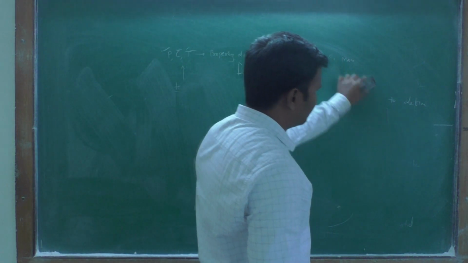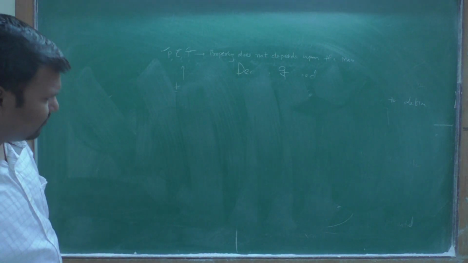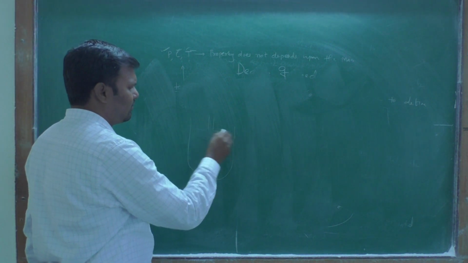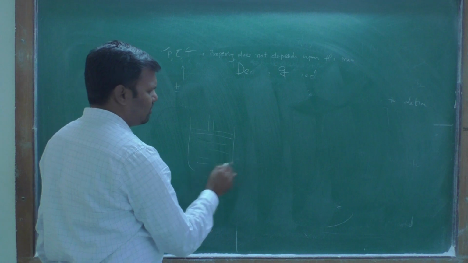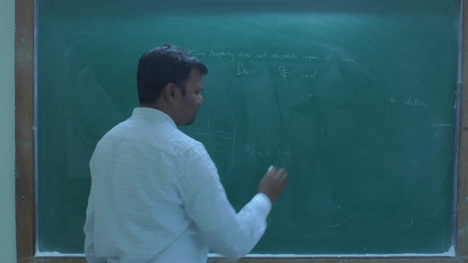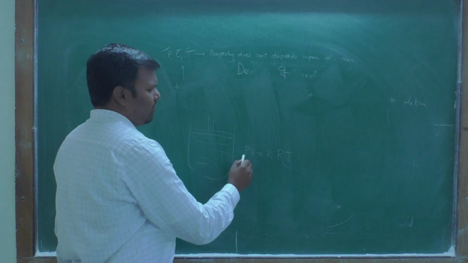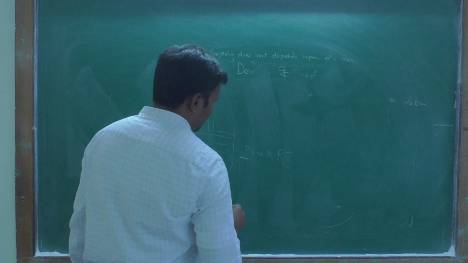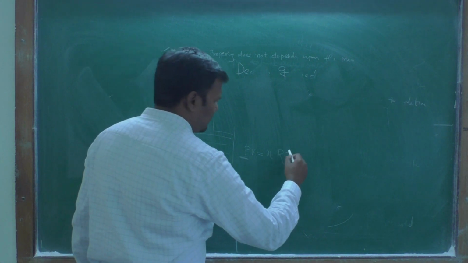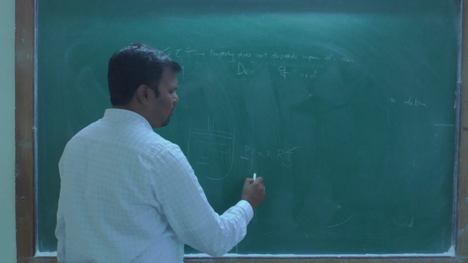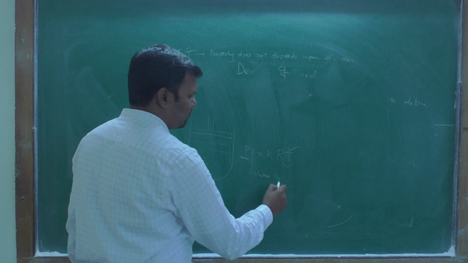Okay, we have a gas system. In a container there is a gas filled, and we have the relation for the gas, PV equal to nRT. Therefore, if you decrease the pressure or increase the temperature, or decrease the temperature, it will decide the volume of the system.